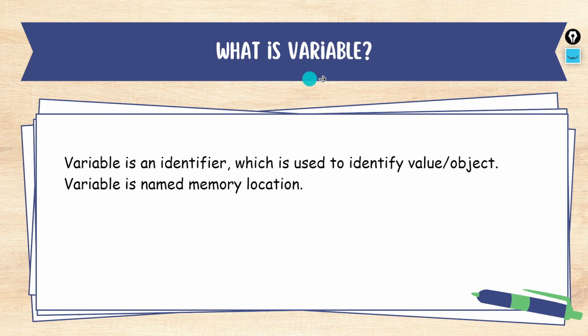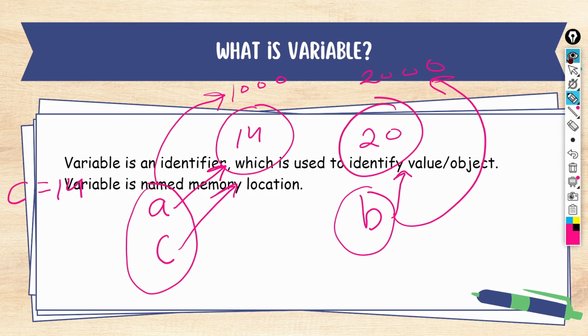What is a variable? A variable is an identifier which is used to identify a value or object. A variable is a named memory location. So this box is a memory location, and this box has one id. Suppose 1000. This box's id is 2000. What is the name of this block?